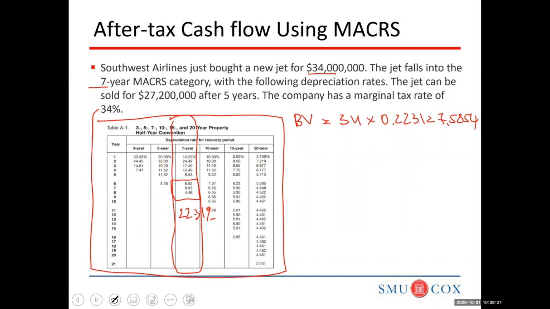So there's a significant capital gain, right? So let me say the tax right there. The tax would be 27.2 minus the book value I just calculated, 7.5854, times 0.34.